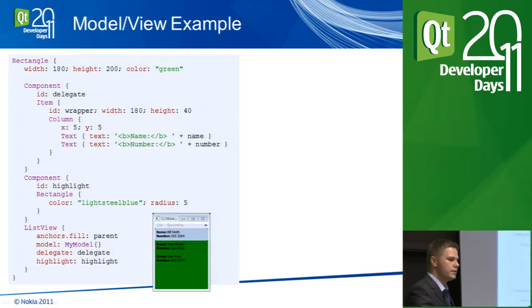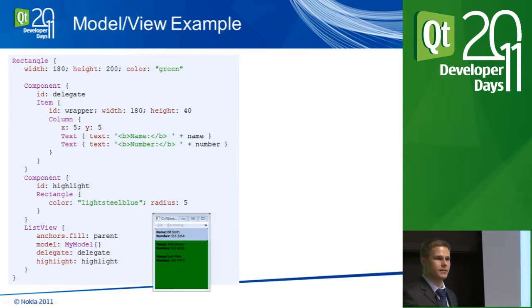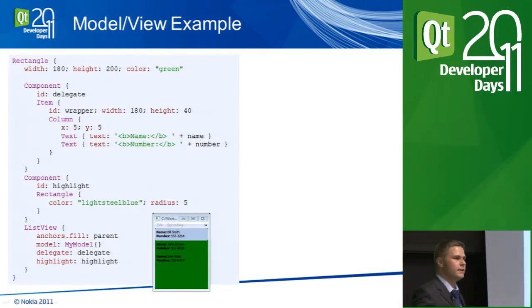Some things that you should remember is that when you implement your delegates, the delegate is something that's instantiated for each item on the list. This also means that the delegate can change its visual appearance according to what it's showing. So it can detect if the name of the person is, let's say, Bill Smith, and use different fonts, different size, something like that.